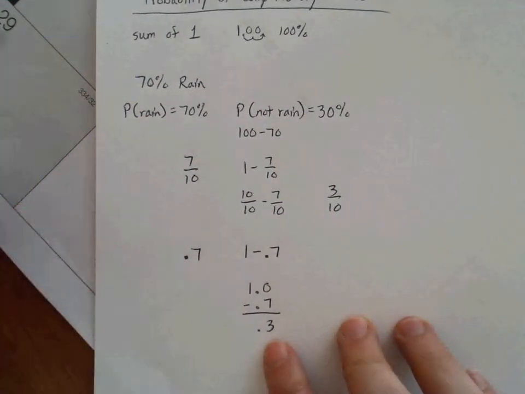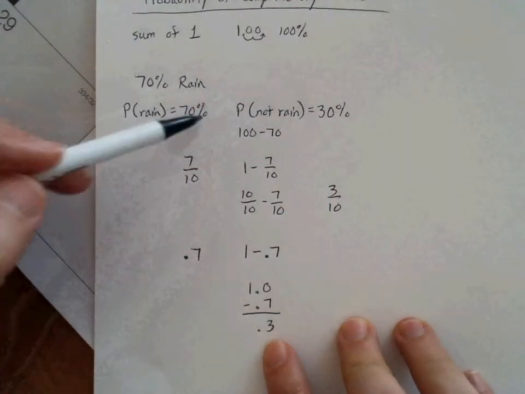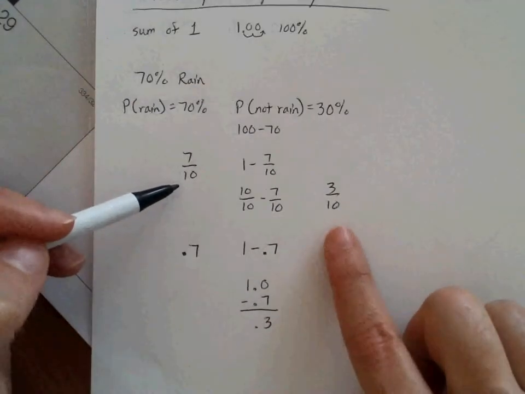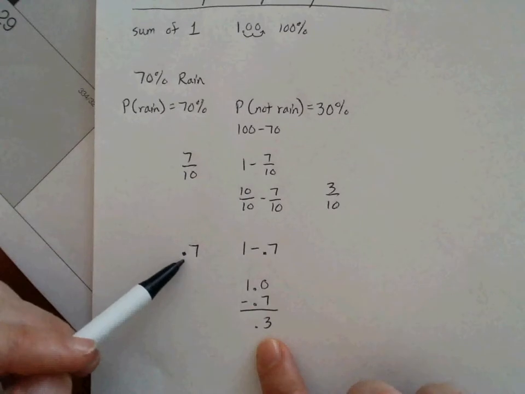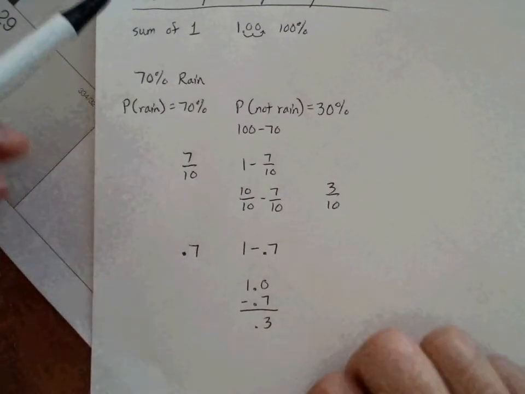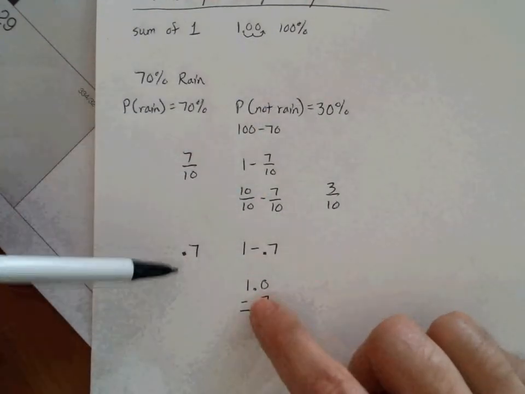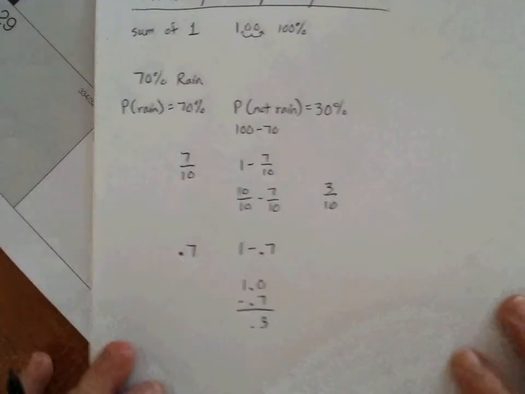So that's an example of a situation where I might have percents as complementary events: 70 and 30 would give you 100%. You might have fractions: 7/10 and 3/10 together would give you 1. And then decimals down here, 0.7 and 0.3 added back together would also give you 1. Typically, I feel like you see it more with the percents or the fractions rather than the decimals, but I want to show you all three just in case you ran across decimals as well.